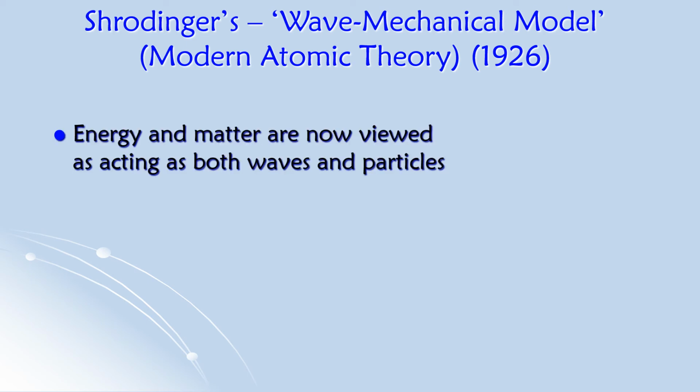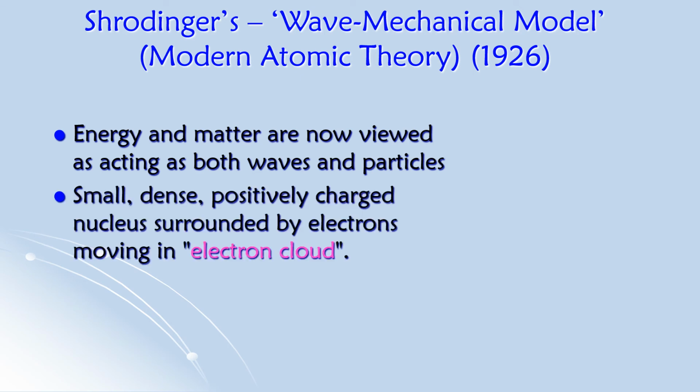The wave mechanical model basically came about because by this time scientists had talked about the wave mechanical nature of matter. They said that matter and energy can behave as both waves and particles.